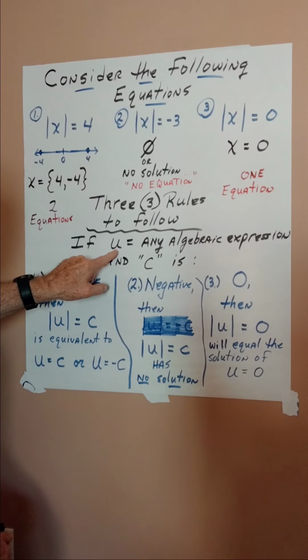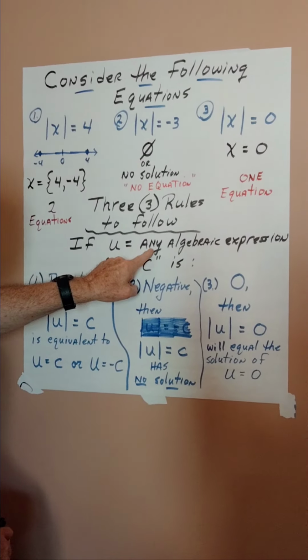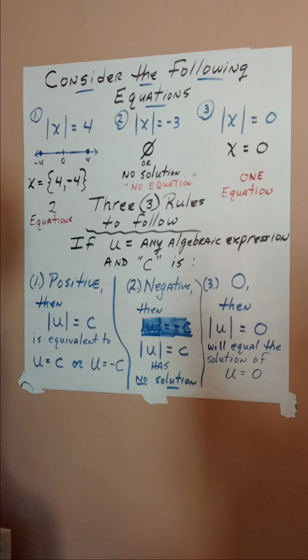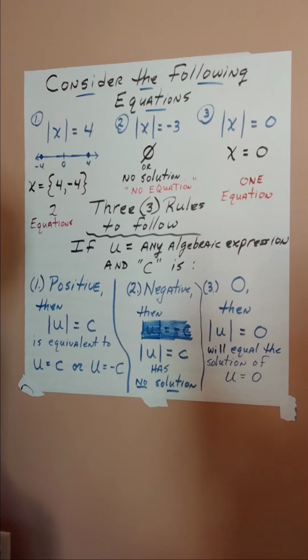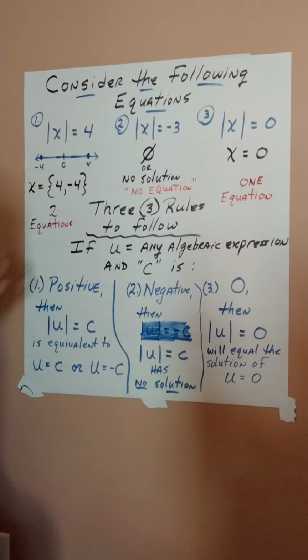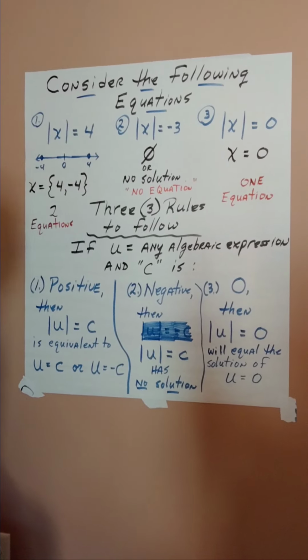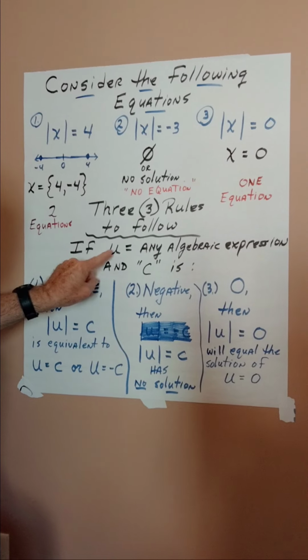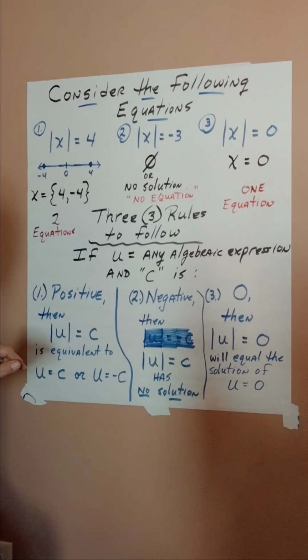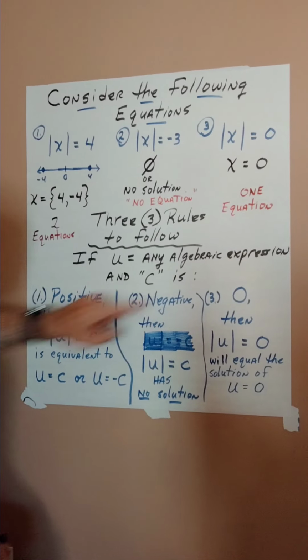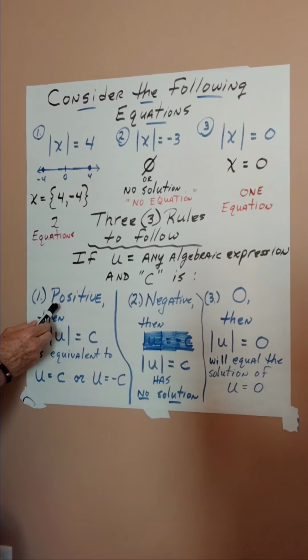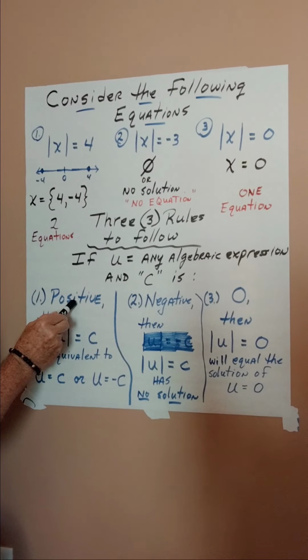If u is equal to any algebraic expression, it can be a monomial, it can be a binomial expression. If u equals any algebraic expression and c is, in this first rule, positive.